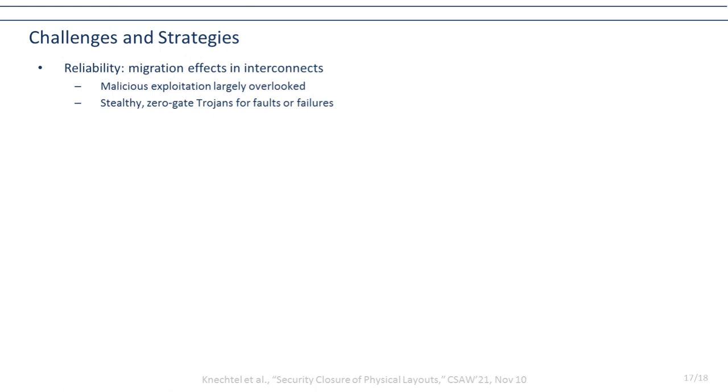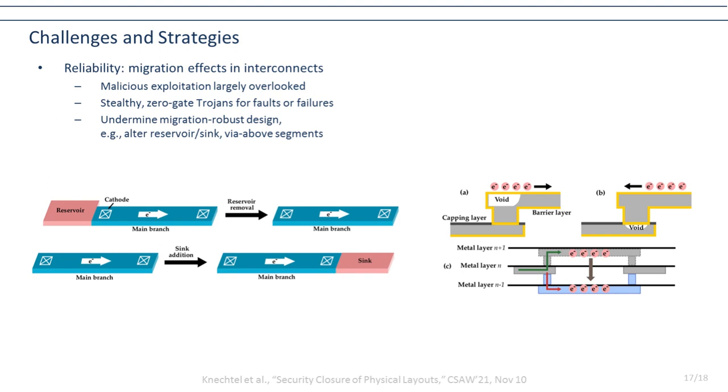Now, the problem, however, is that malicious exploitation of such effects has been largely overlooked so far. And we think this is indeed a serious threat, as in there could be stealthy zero-gate Trojans which will make the chip potentially fail. And how can this look like? Well, there could be simply an undermining of the migration robust design. Illustrated here are examples where basically at the interconnect level, some of the features for making them robust against migration, such as reservoirs here, are by an attacker simply removed, or they are reorganized as in shifted.